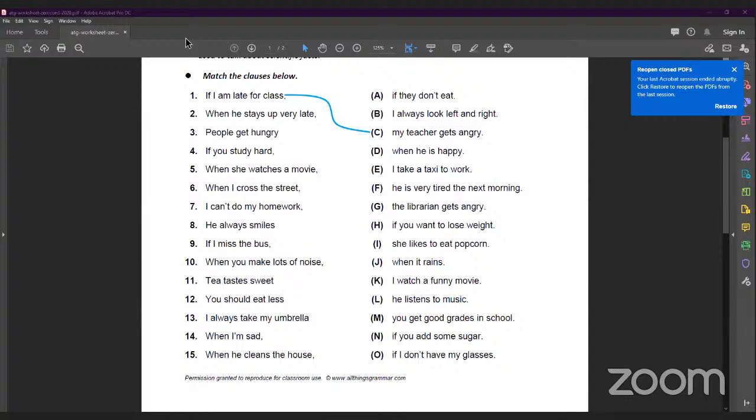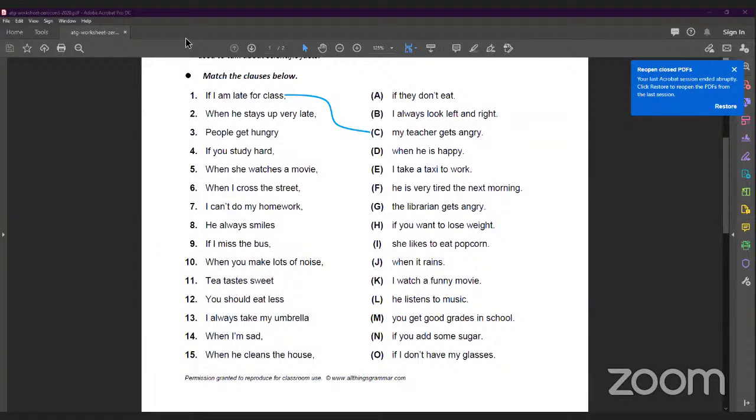Mr. Marcos, thank you, please. Number 10 and 11, please. When you make a lot of noise, the librarian gets angry. Yes, that's absolutely true. Okay, thank you. Let's continue.